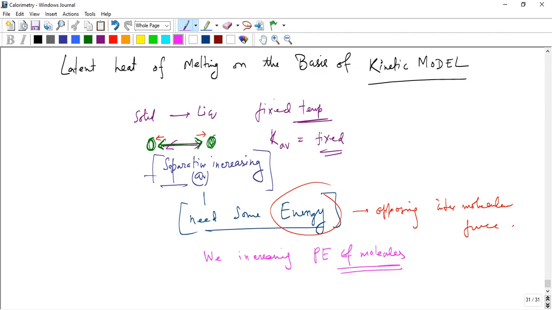We ignore the volume increase because it is a very small amount, so no heat energy is used for volume expansion.